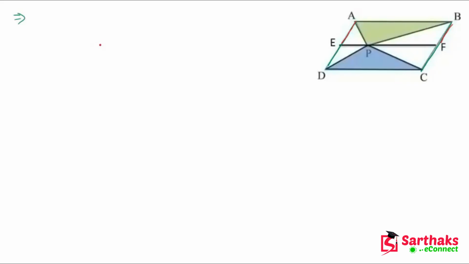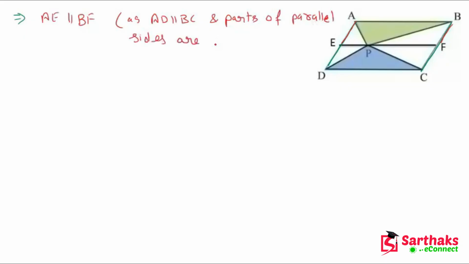So we can write it as AE is parallel to BF, because we know that AD is parallel to BC, and parts of parallel sides are parallel.